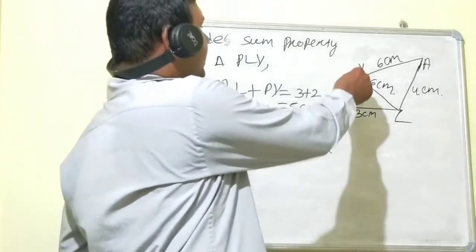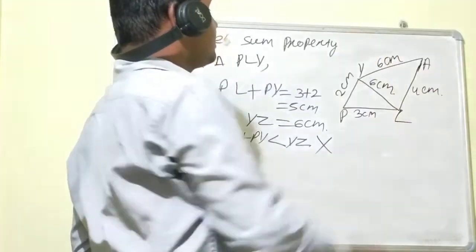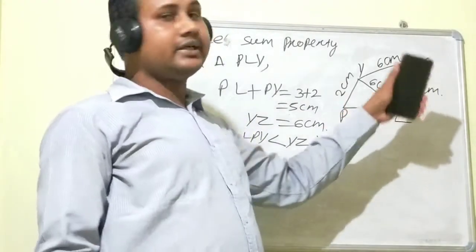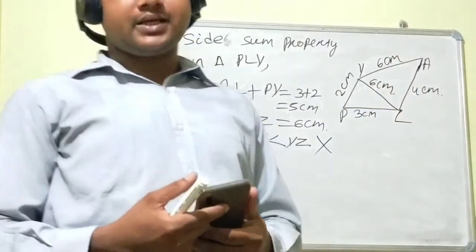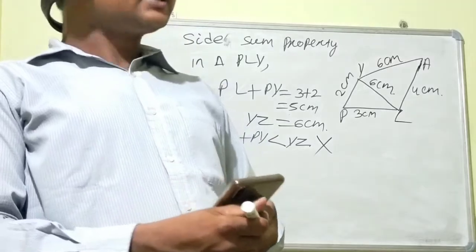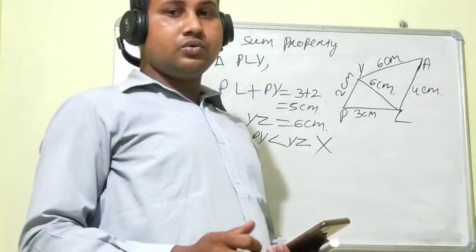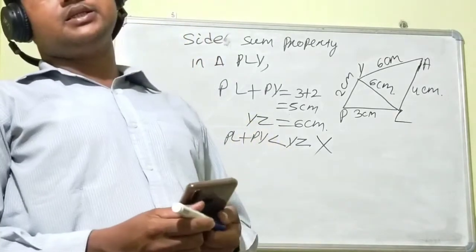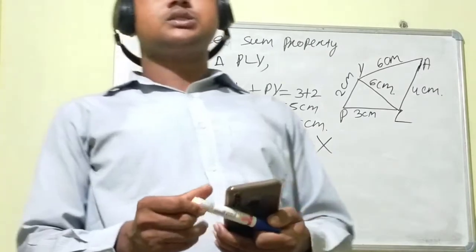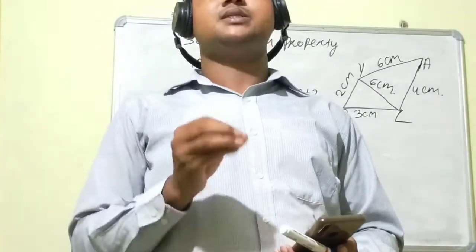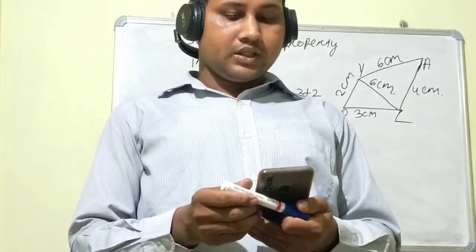That's why we will never be able to construct the quadrilateral PLAY. Okay, clear? So next we'll go to the exercise and discuss some of the special features given in them.